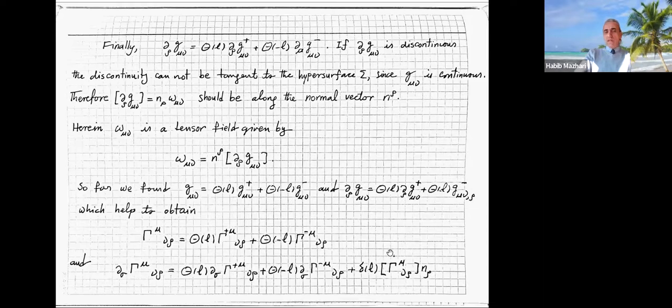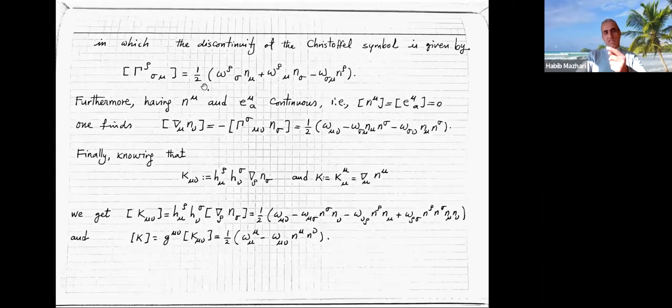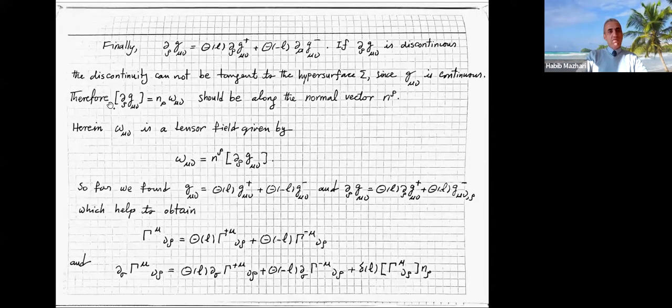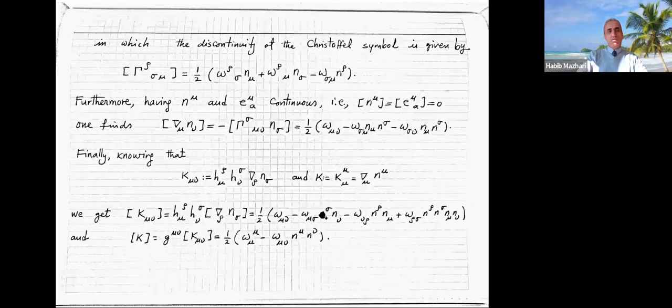Then what is left inside the square bracket is just the discontinuity of the Christoffel symbol. So since we had already the expression for the discontinuity of the derivative of G mu nu, you just substitute, and you find the discontinuity of the Christoffel symbol in terms of omega, and of course the normal vector. The detailed steps students can just do as an exercise.